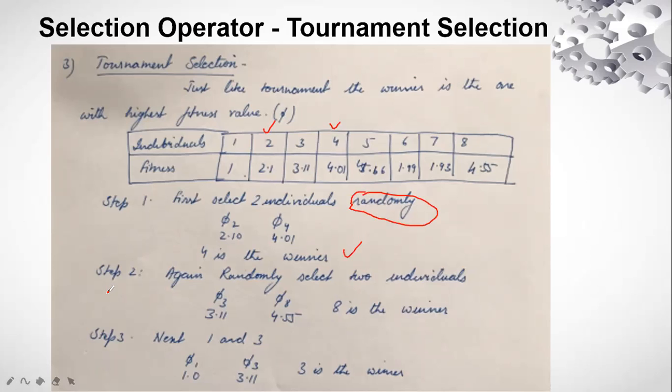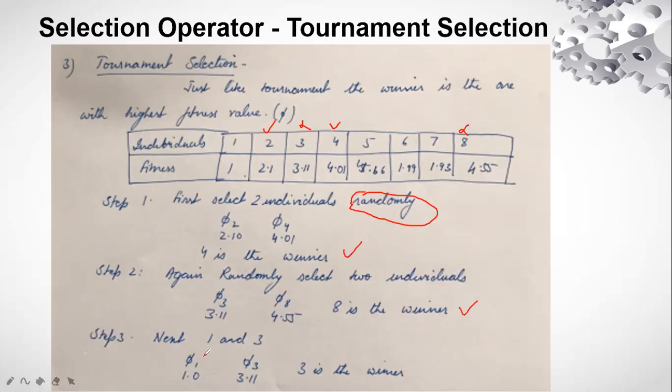Again in step 2, we can randomly select any other two individuals. So here we select 3 and 8. Now you can see out of 3 and 8, which one has the better fitness value? 4.55. So 8 is the winner.